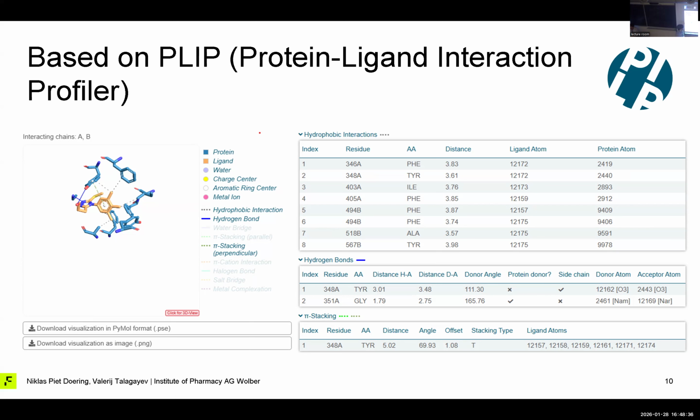As you can see on the website, you would have such an interface with the hydrophobic interactions and different ones, and you will be able to see that on the left side. What it does in the Python package is basically that you get dynamic information, these pieces of information in a data frame. So you can use a data frame to then calculate, create bar plots and other stuff.